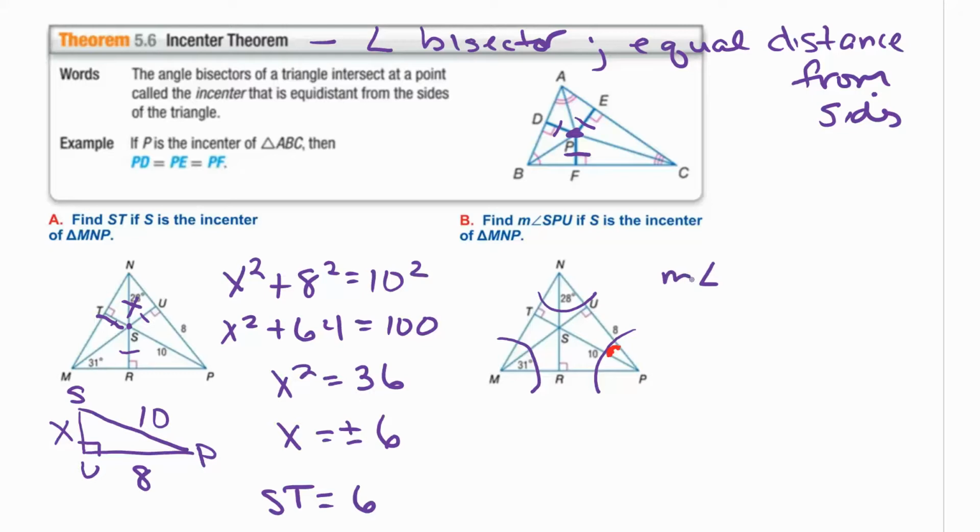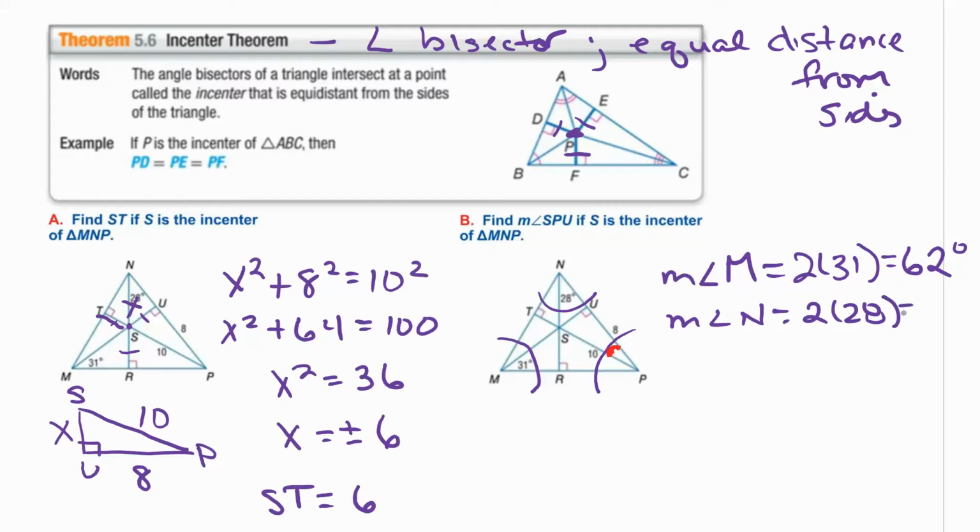So the measure of angle M would be 2 times 31, which is 62. The measure of angle N is 2 times 28, which would be 56.